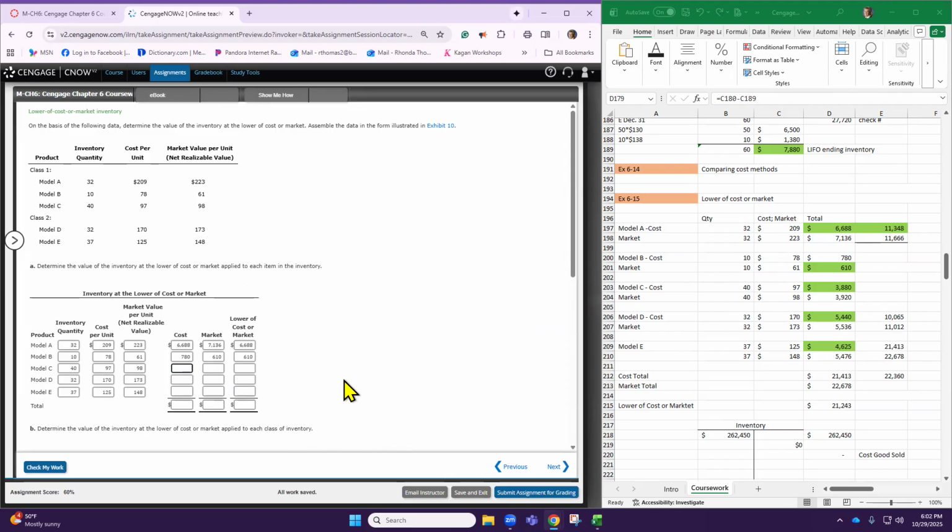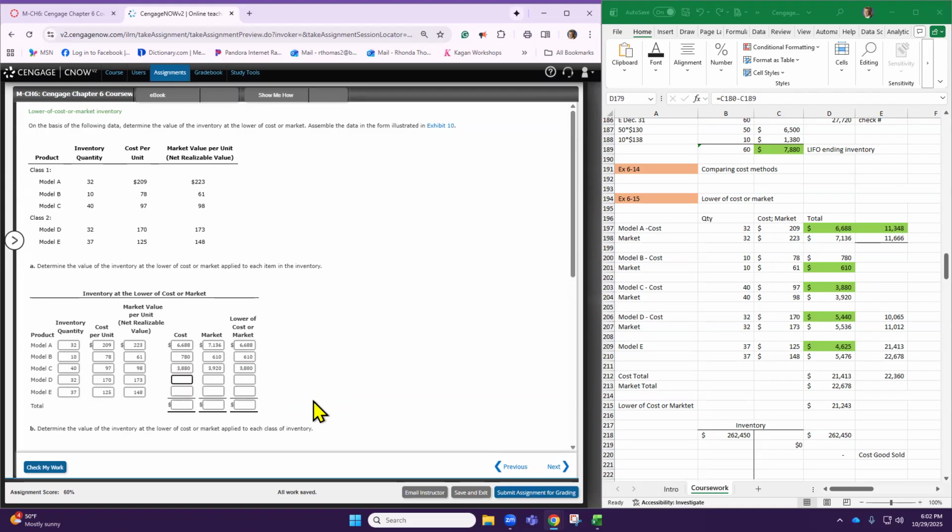Then Model C has a cost of, we have 40 items in Model C, cost of 97 and a cost of 98. So $3,880 and $3,920. Which one's lower? It's the cost we have on our books.